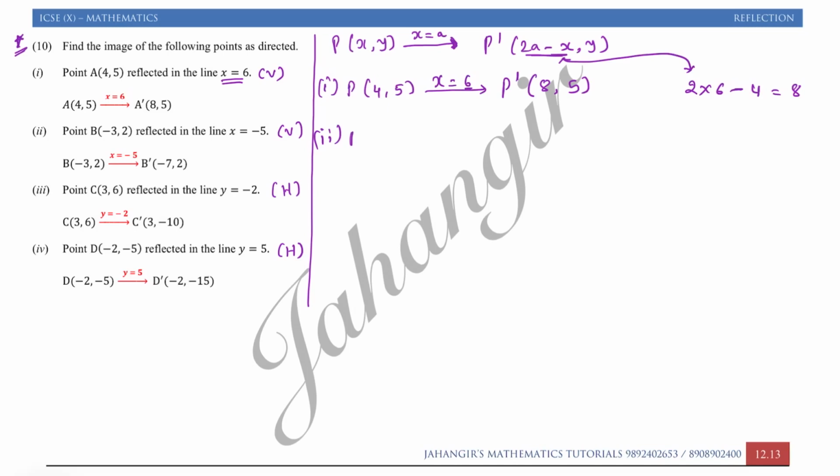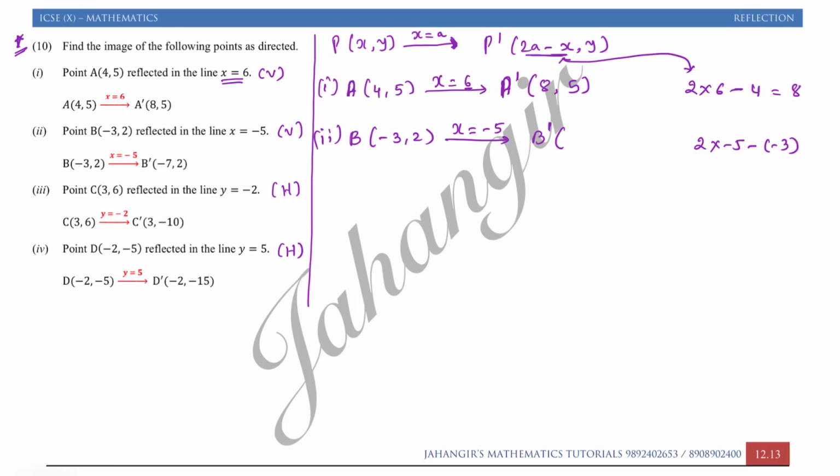Second, point B. Sorry, let's make it as A dash. Point B (minus 3, 2), when reflected in x equal to minus 5, will become B dash. So calculating it: 2 into minus 5, minus of minus 3. Do not calculate it mentally, otherwise you may make a mistake.